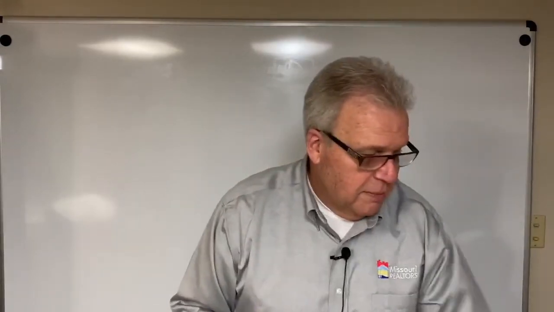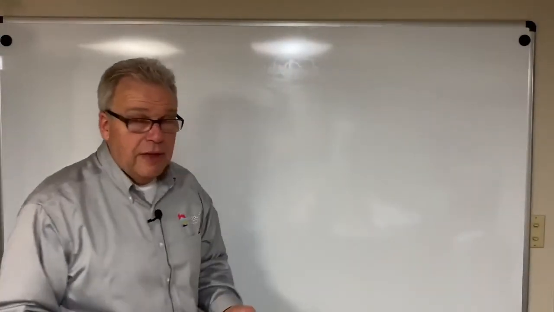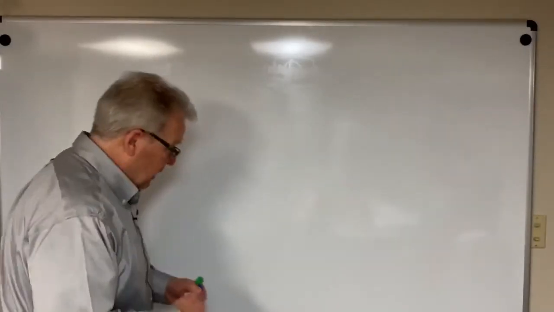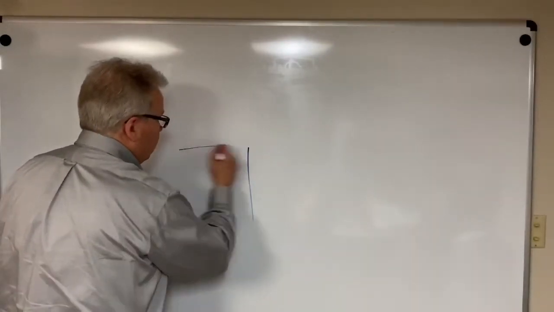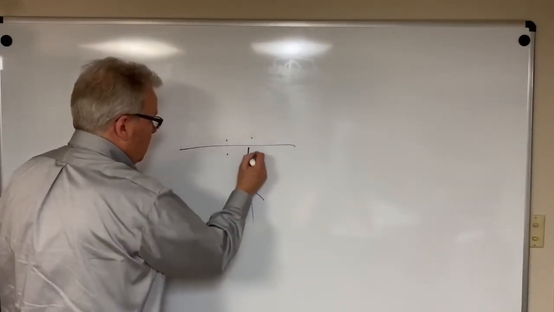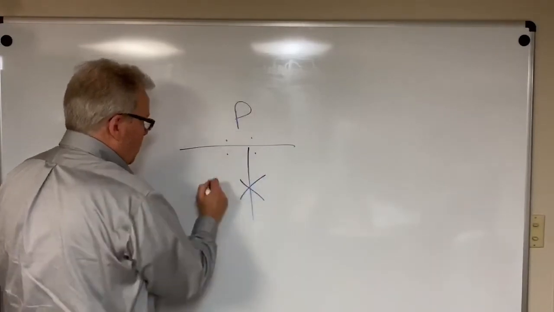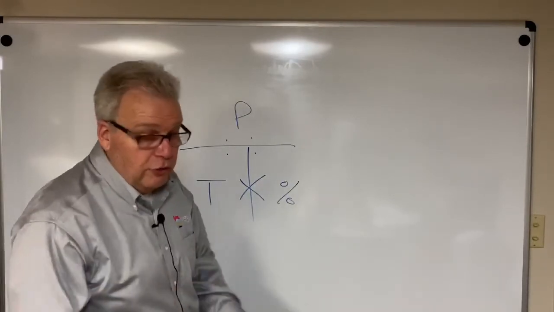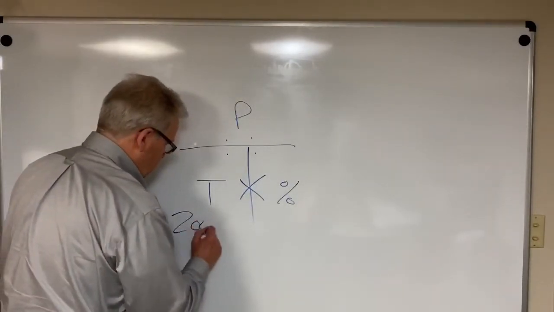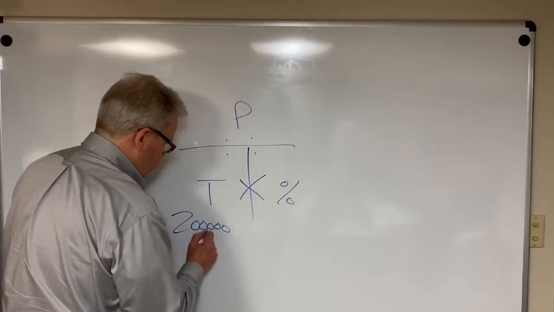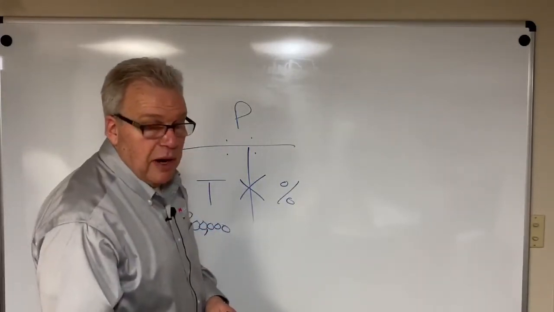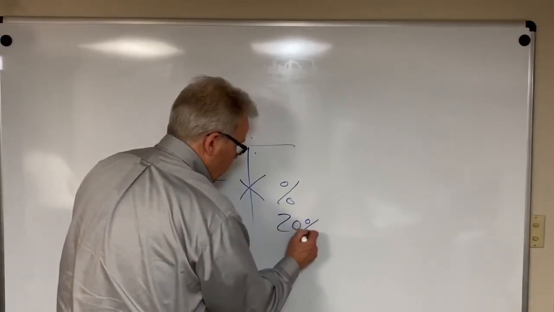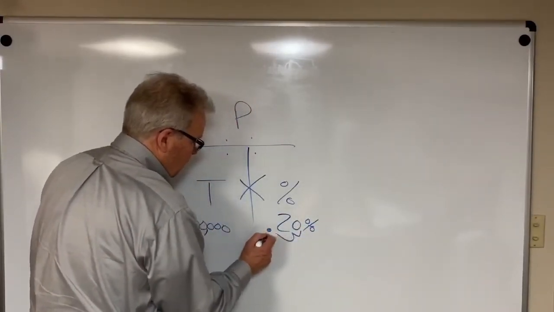So this is just, Mary wants to purchase a home for $200,000. If the bank requires Mary to pay 20% down, how much will Mary finance? So again, part, total, percent. Mary wants to purchase a home for $200,000 and the bank is requiring Mary to pay 20%. So I move my decimal over 2 places.